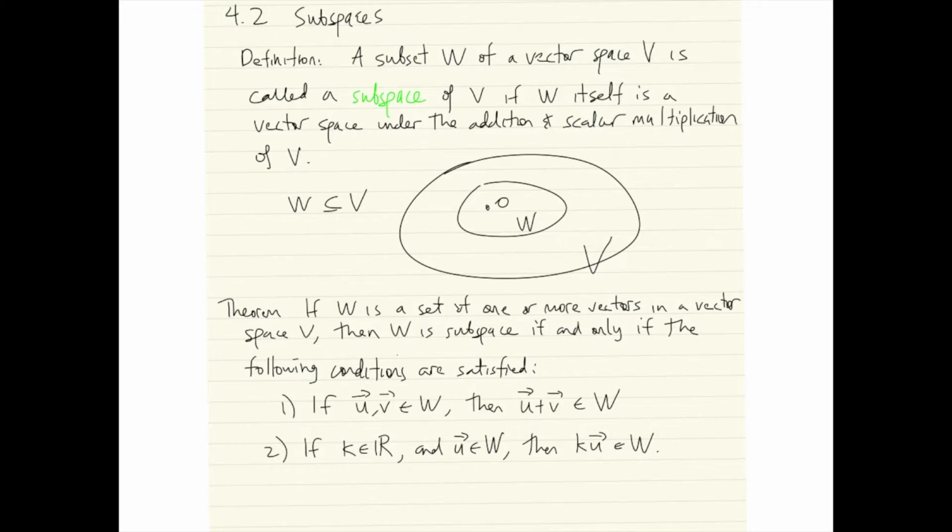First, if you have two vectors in W, their sum is in W. Remember, this sum is part of the data of how to add in the vector space V. Secondly, if you've got a real number, in other words a scalar k, and a vector u in W, then the scalar multiplication k times u also lands inside W. It will definitely land inside V. That's part of the definition of V being a vector space, but we require that it also land inside W.